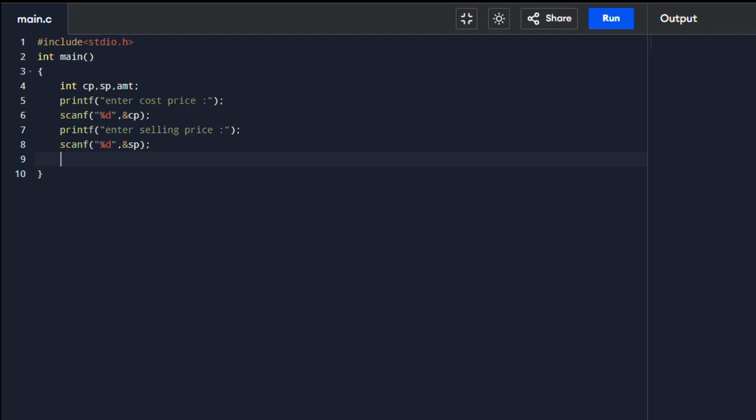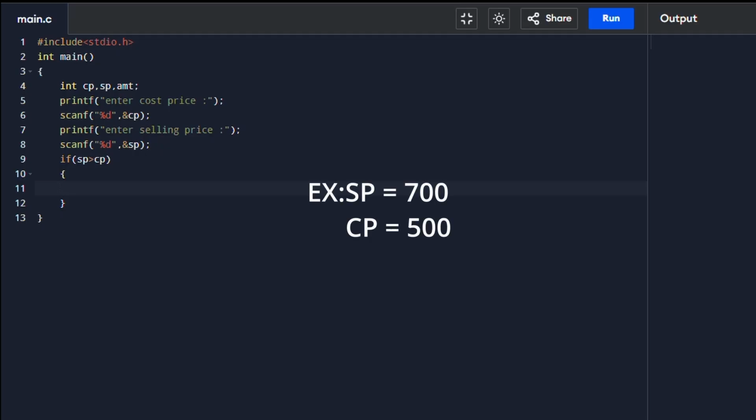Now let us go to the condition. If selling price is greater than cost price, this condition asks, is the selling price greater than the cost price? Example, same: selling price is equal to 700, cost price is equal to 500. The condition becomes, if 700 greater than 500, this is true.